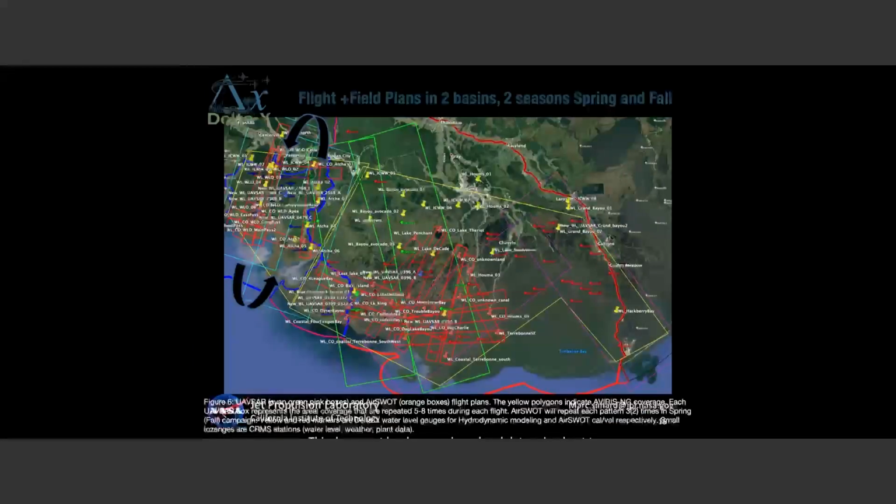This is the full campaign implementation. We still have here the boxes from the UAVSAR system, so those 3 areas. In the Terrebonne Basin, this red polygon is the Terrebonne Basin, and the blue polygon here is the Atchafalaya Basin. So we have the UAVSAR data, and the small red boxes are from the AirSWOT system.